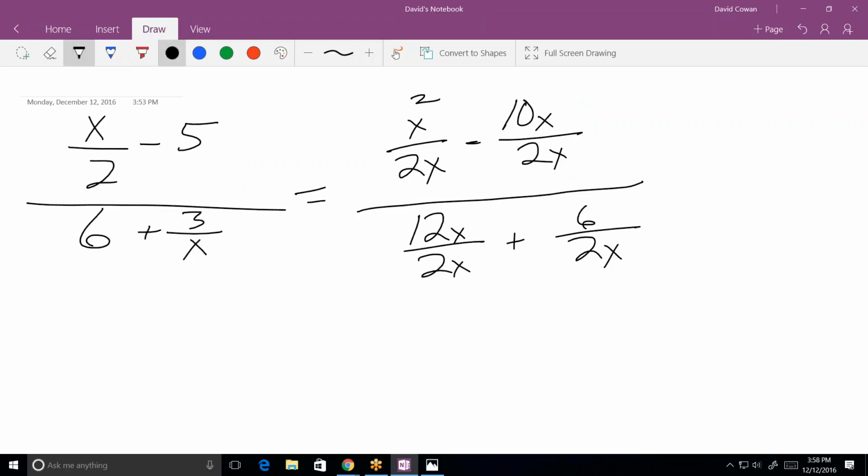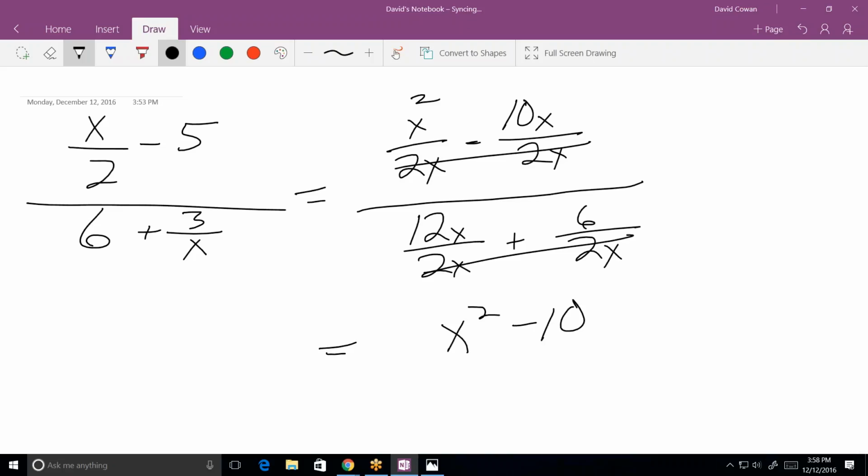All right. So now I can flip and multiply, right? And the bottom is really 12x plus 6 over 2x. So if I flip and multiply, I know all of those are going away. And what am I left with? 12x plus x. Yeah, x squared minus 10x is the numerator.